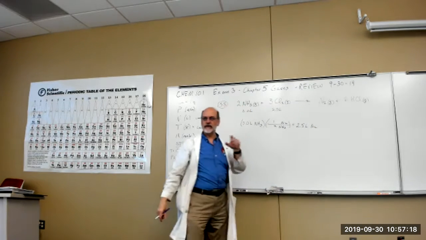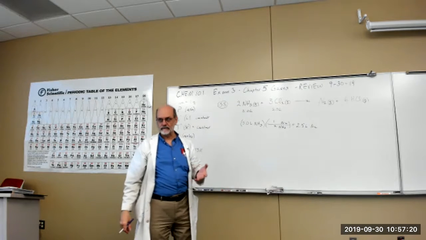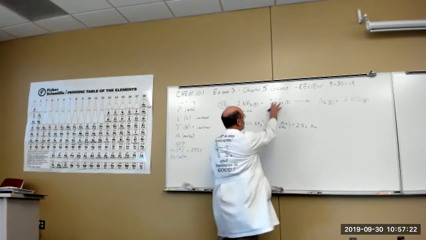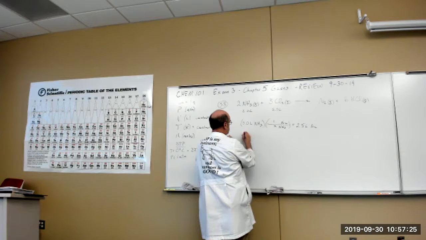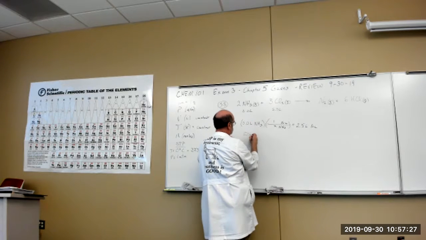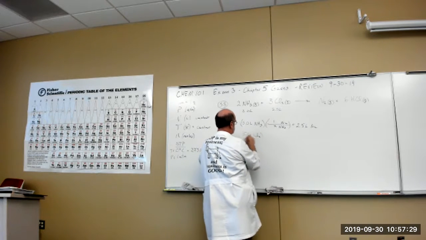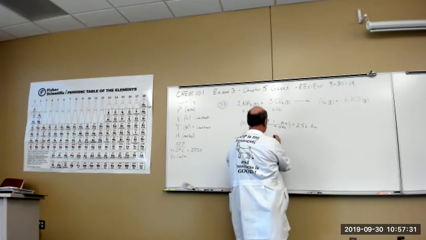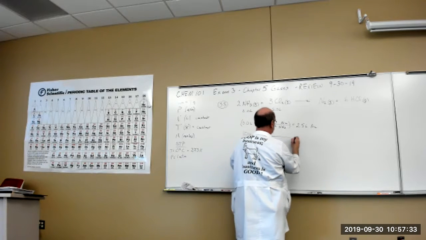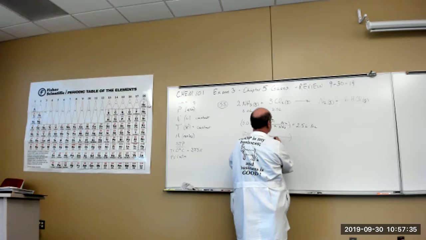Right now, what we're doing is determining the limiting reactant. So how about chlorine? How much nitrogen do we get? That's 1 nitrogen for every 3 chlorine. Right?